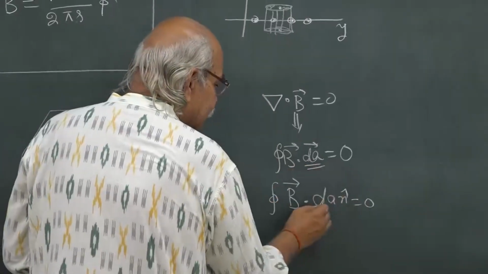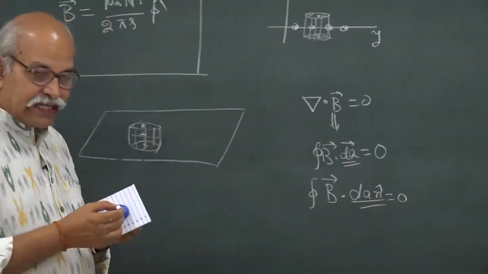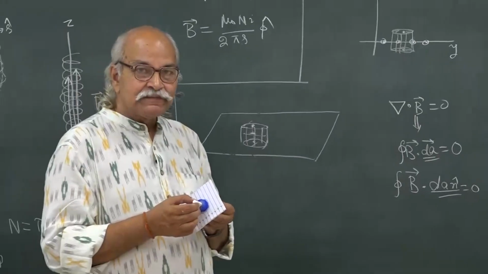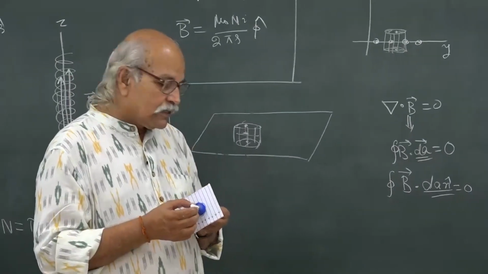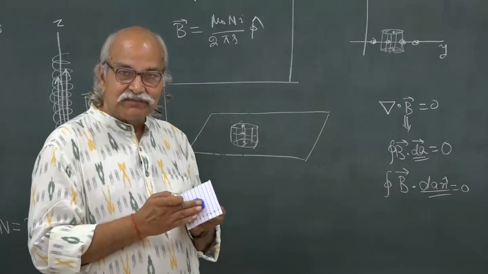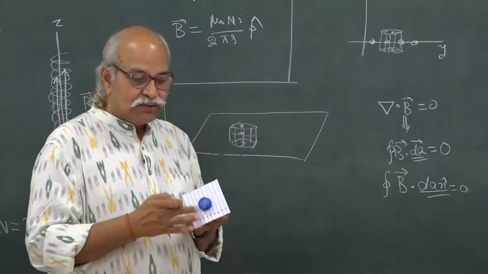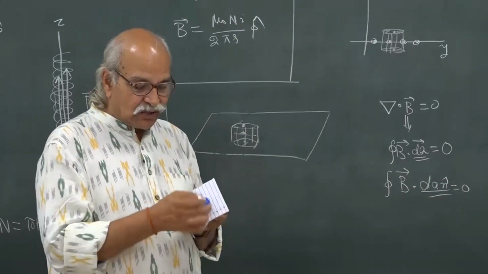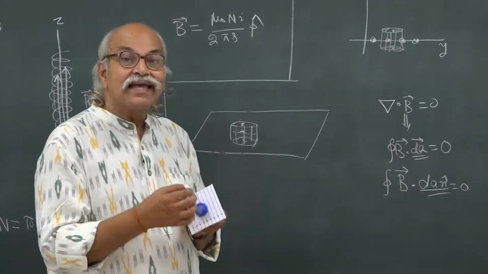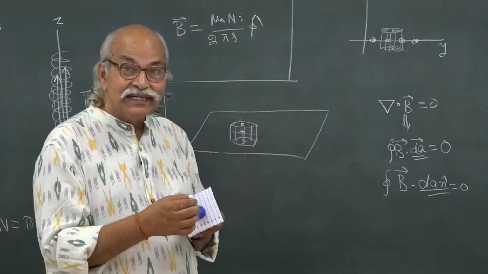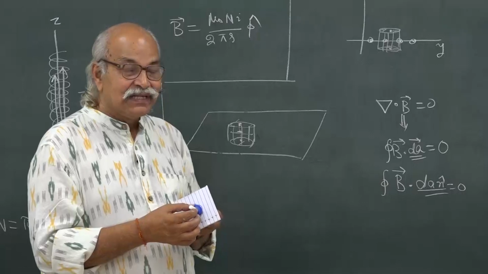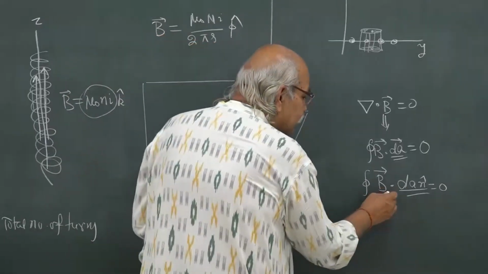This dA vector is dA n cap, and what is n cap? n cap is the normal to this surface, because this area is parallel to this surface. So, it is perpendicular, it is normal to the surface, that is our n cap. And then B dot n cap.